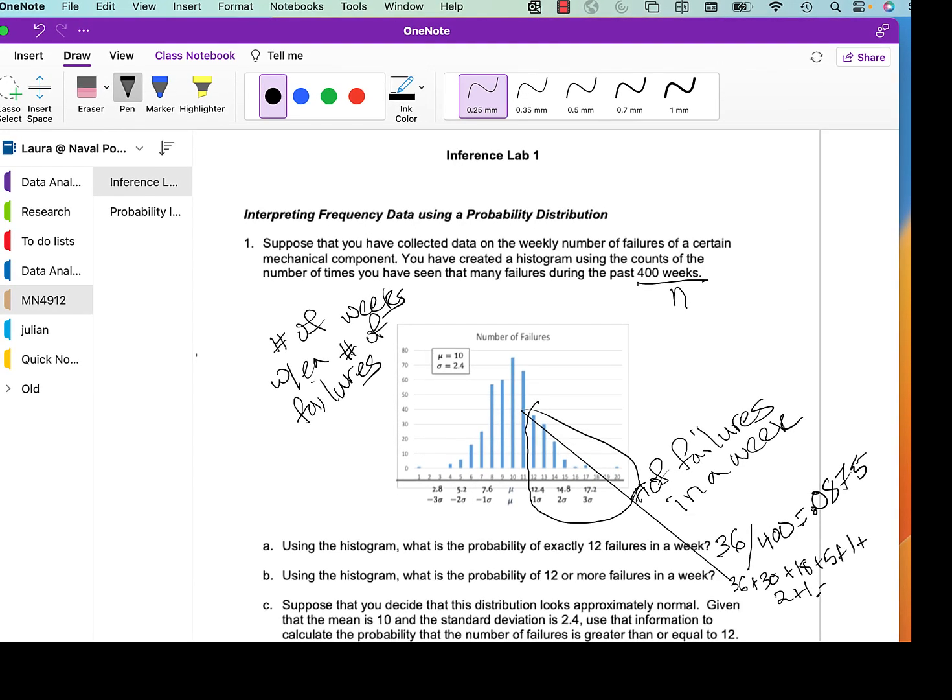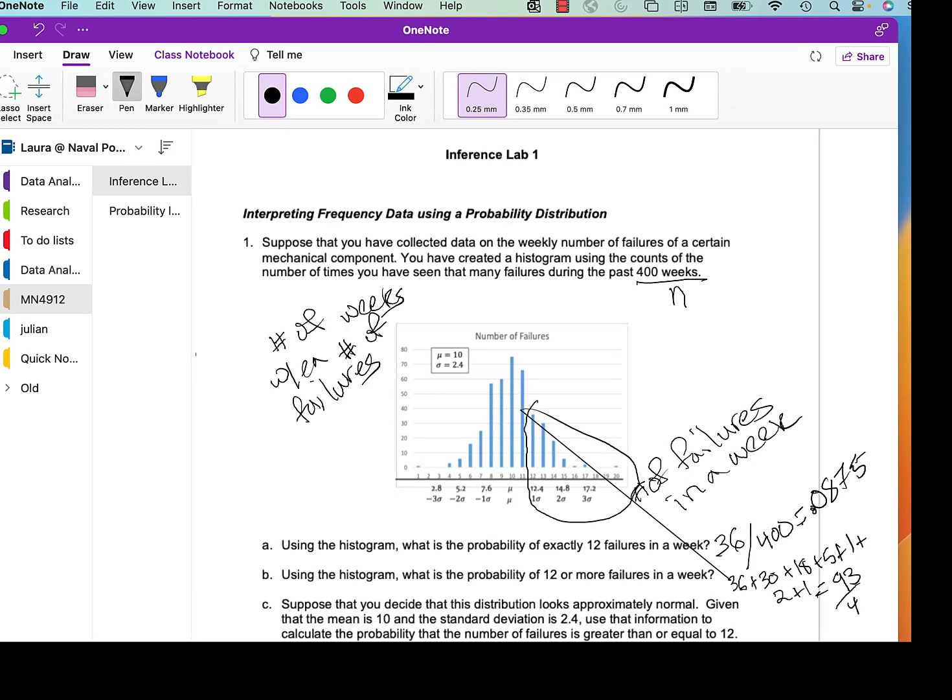And that's going to equal 93-ish. We got something close to that. That's fine. We're going to take that 93 out of 400, and that's going to be equal to about 23% chance, right? So about 23% of the observations of these failures are going to have 12 or more.